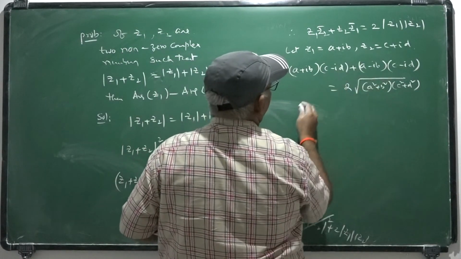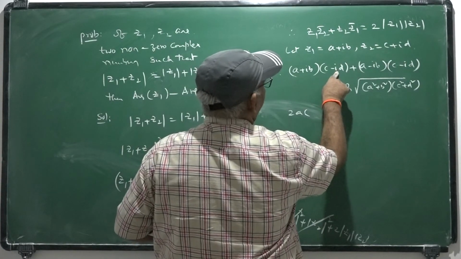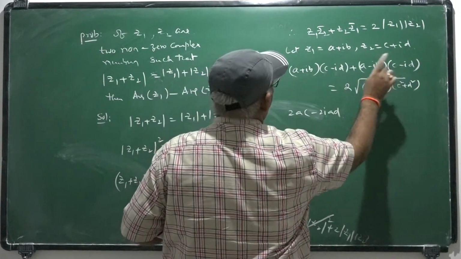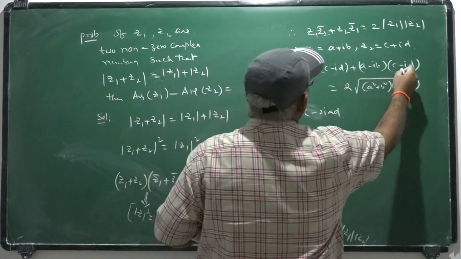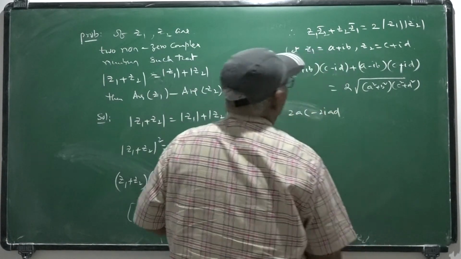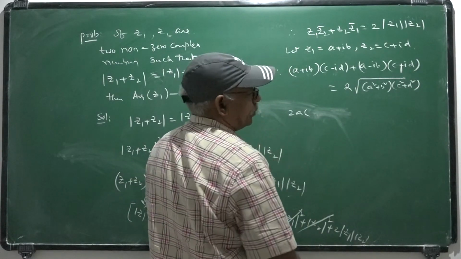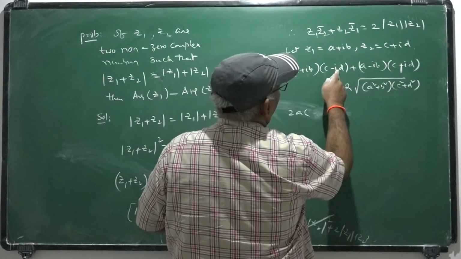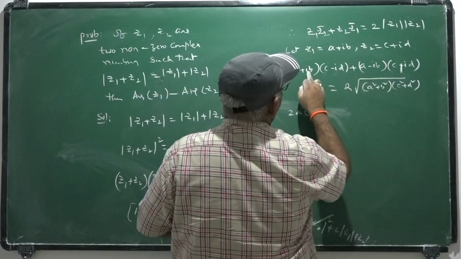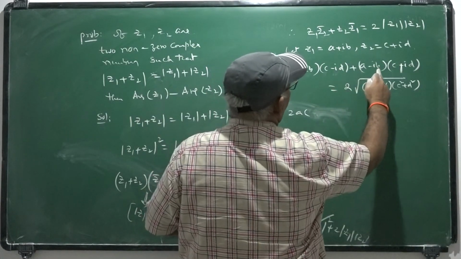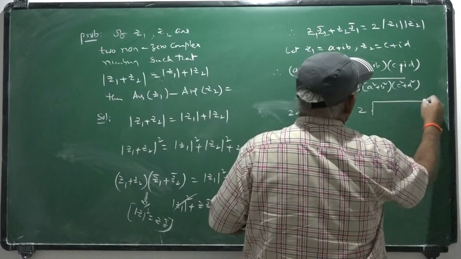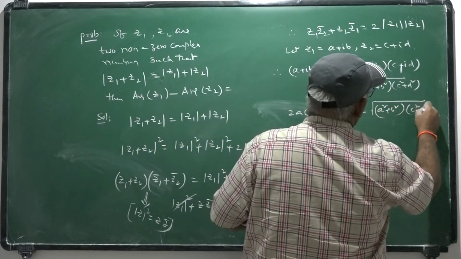That gives us ac plus ac, 2ac, minus iad plus iad cancel, plus ibc minus ibc cancel, and bd plus bd, 2bd, equal to 2 into square root of (a square plus b square)(c square plus d square).